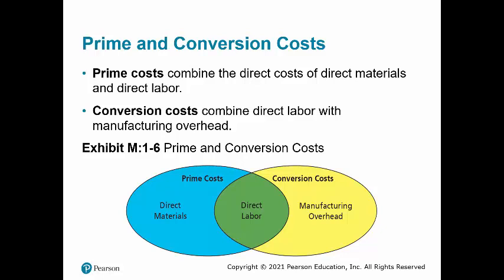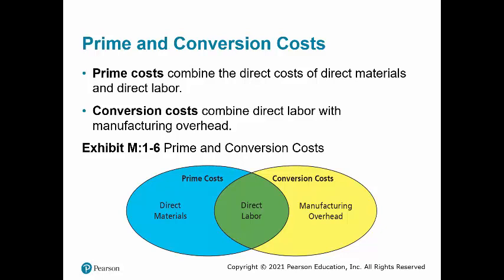That means that people rather than machines are going to be doing most of the work. So in that type of manufacturing environment, the managers may want to concentrate on these direct or prime costs because to be profitable, it's going to be vital for that company to control those costs.